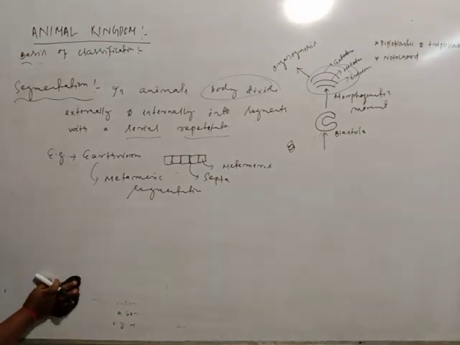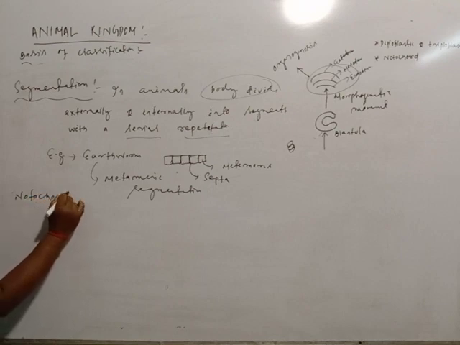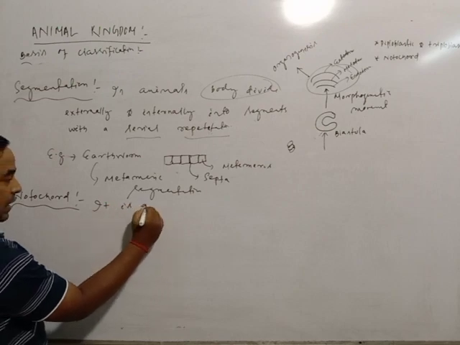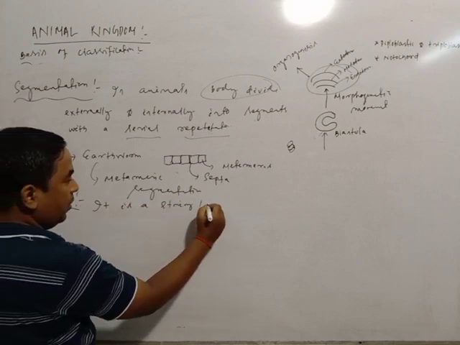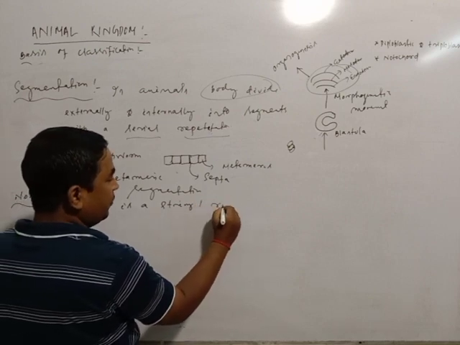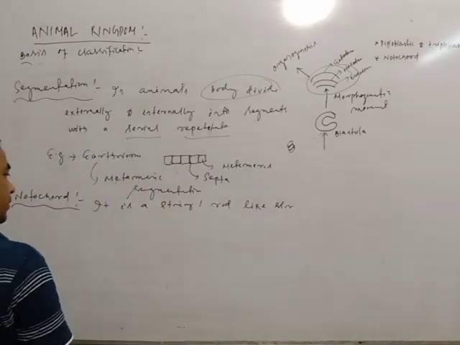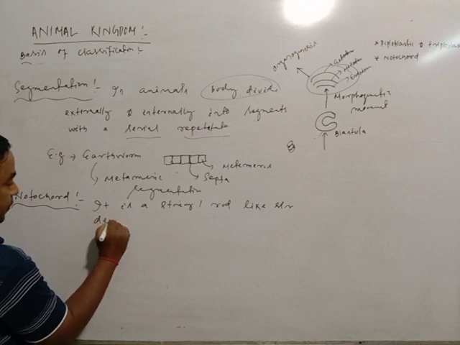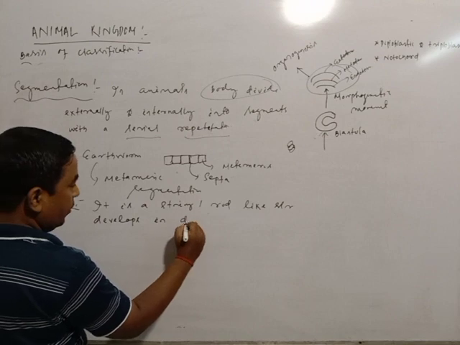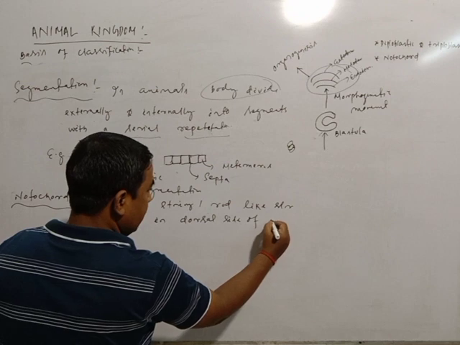Notochord. It is a string or rod-like structure that develops in the dorsal side of an embryo.